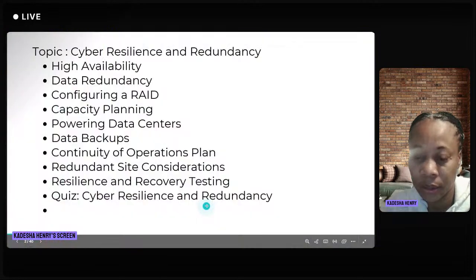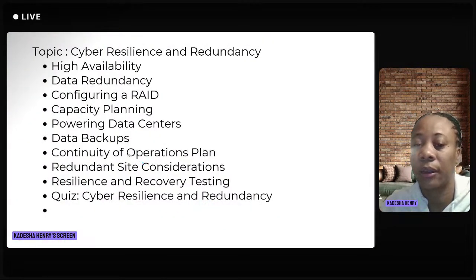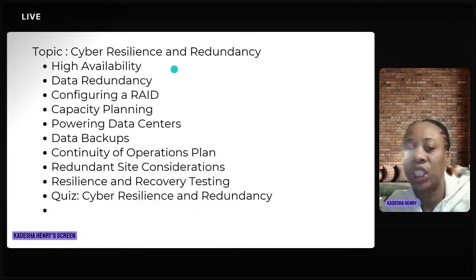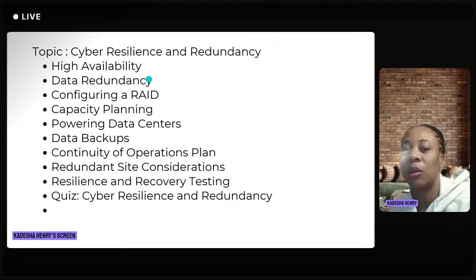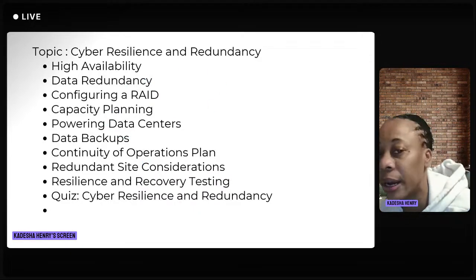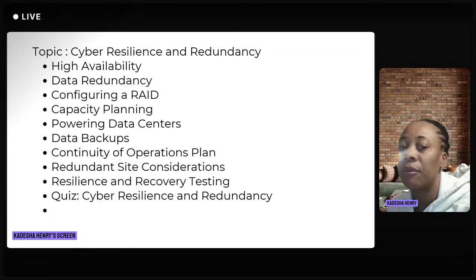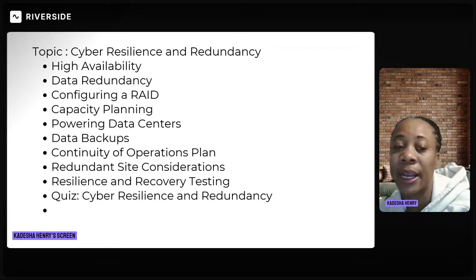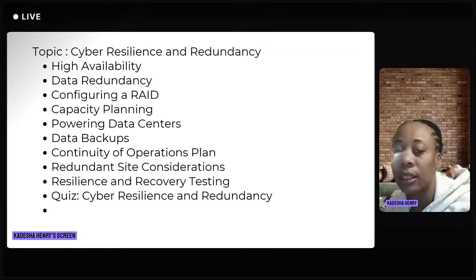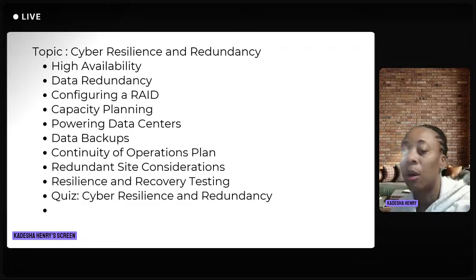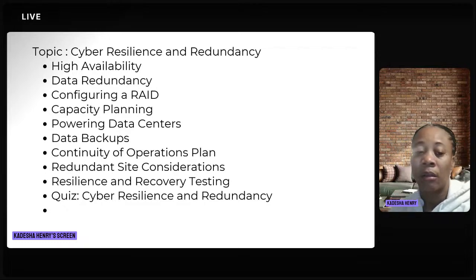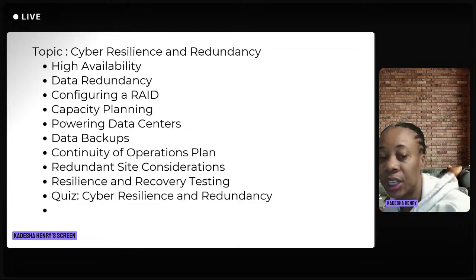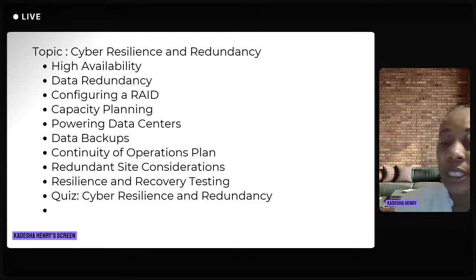Okay, this is where I wanted to get. So the agenda for today is that we're going to be looking at cyber resilience and redundancy. We're going to be looking at high availability, data redundancy, configuring RAID, capacity planning, powering the data center, data backups, continuity of operations plans, redundancy sites consideration, resilience and recovery testing.